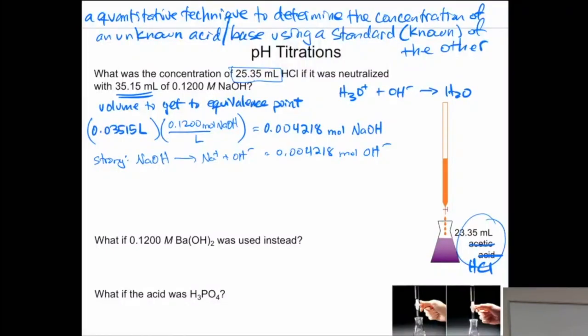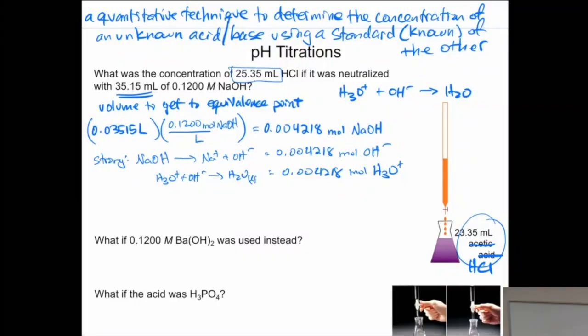And I know my net ionic equation. That's going to react 1-to-1 with hydronium ion, because H3O+ and OH- react 1-to-1 to give me H2O liquid. So that means I'm going to have 0.004218 moles of hydronium ion that were neutralized.